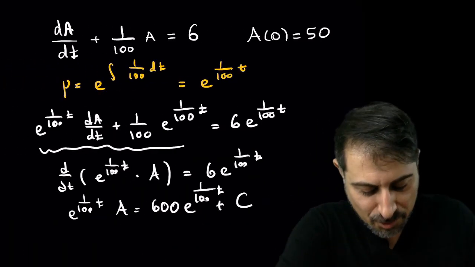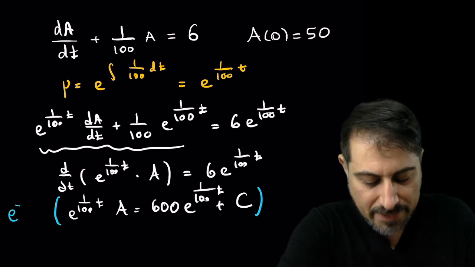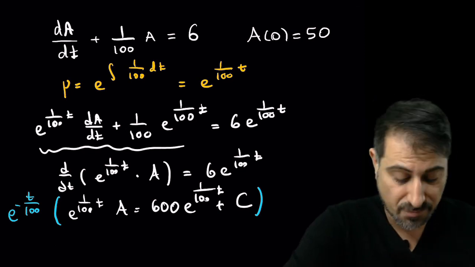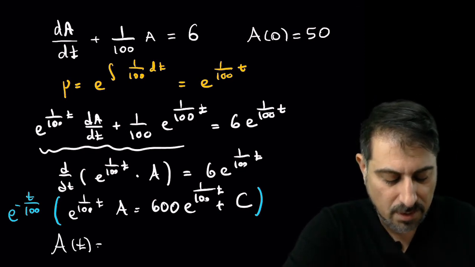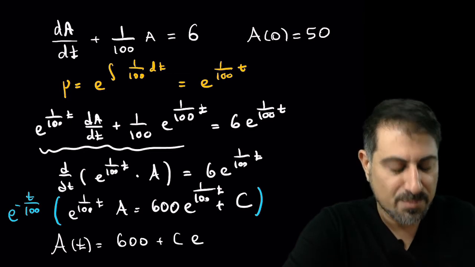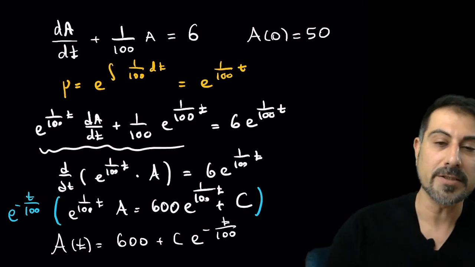All right, let's multiply both sides of the equation by e to the negative t over 100 to get the description of A of t to be 600 plus C times e to the negative t over 100.